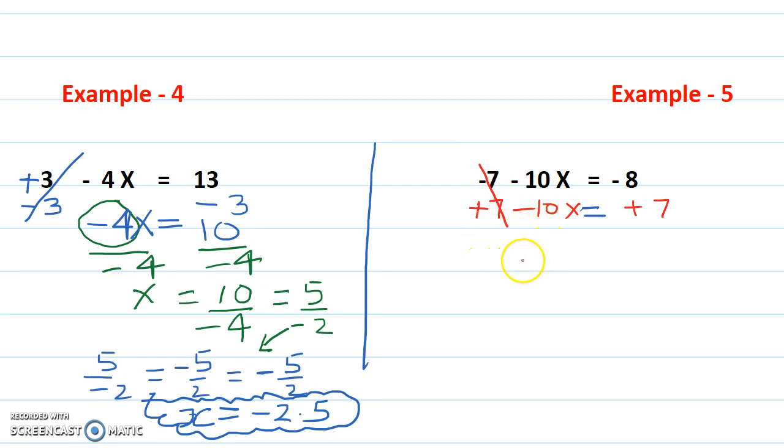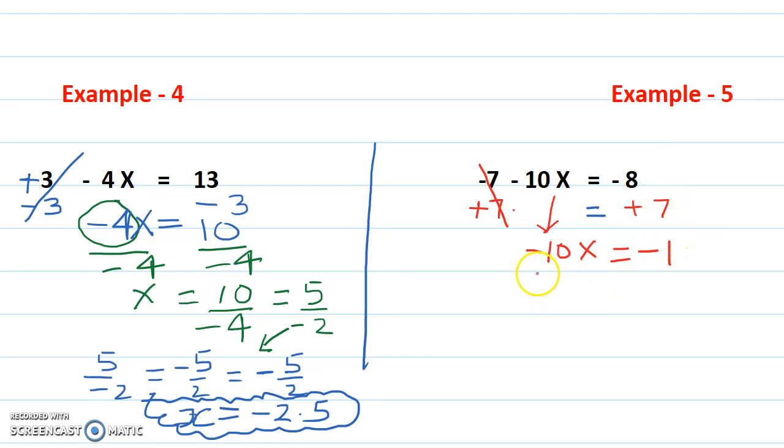Only minus 10x, and minus 8 plus 7 is minus 1. So we did plus 7 both sides, and minus 7 plus 7 is cancelled. So minus 10x is coming here, and minus 8 plus 7 is minus 1.